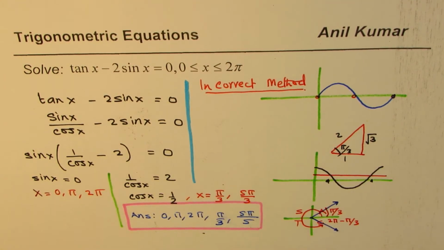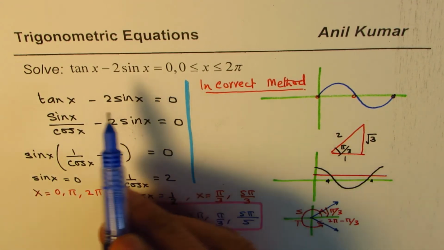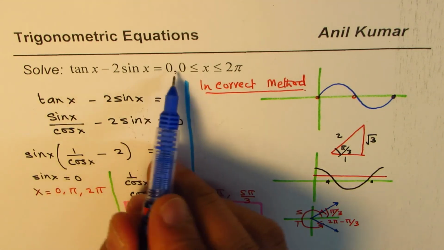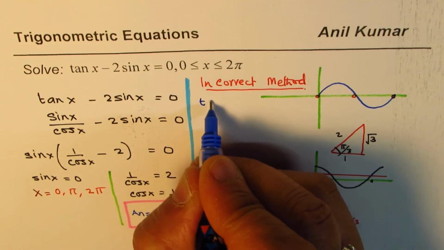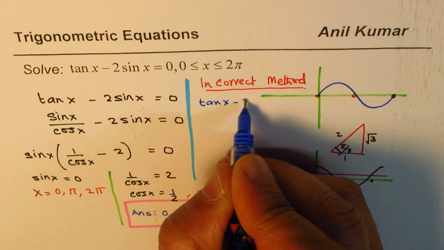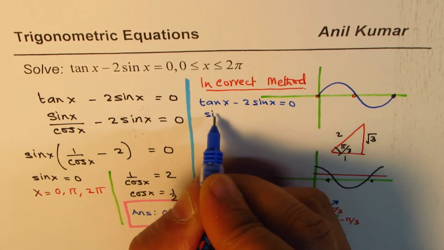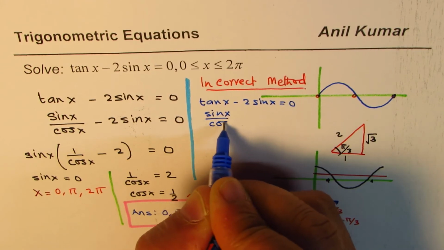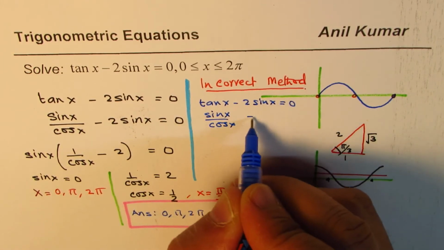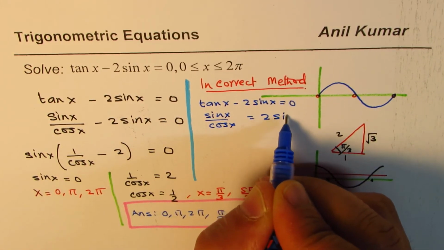So the incorrect method is kind of like this. We can take 2 to the other side. So let me write down tan x minus 2 sin x equals 0. Tan x is sin x over cos x. And I'm taking this to the other side. So we get 2 sin x, right?